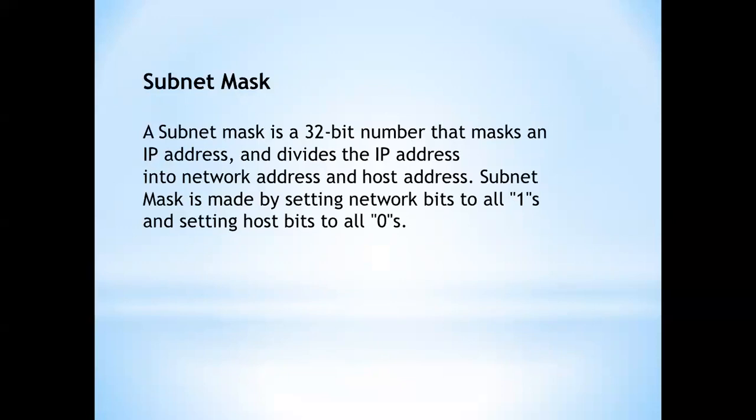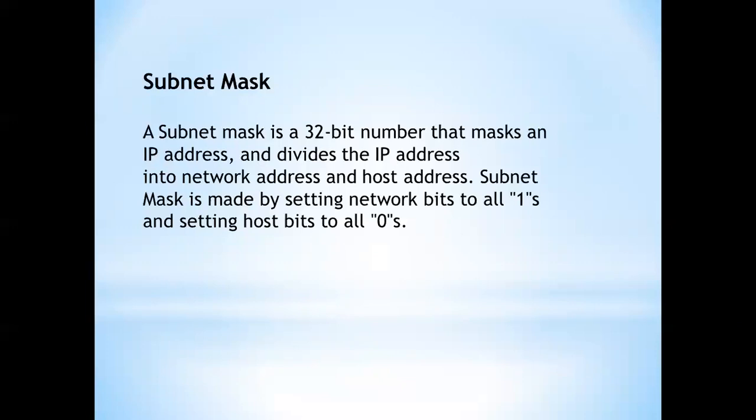Then the first 16 bits will be kept as they are, and in the host part, all zeros are there. In that, the first 3 bits of zeros are replaced by 3 bits of 1. So there are 3 extra ones. Instead of 16 bits of 0, we have 13 bits of 0 and 19 bits of 1.